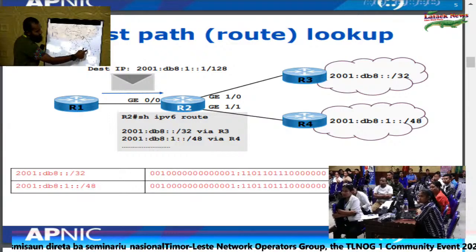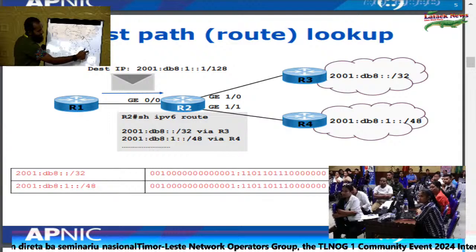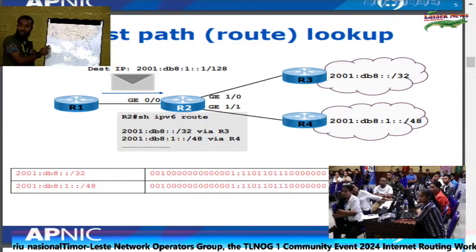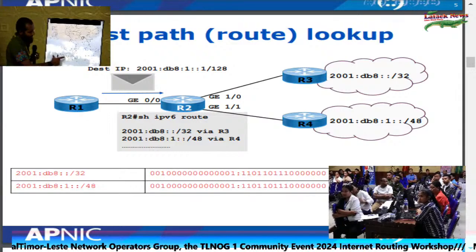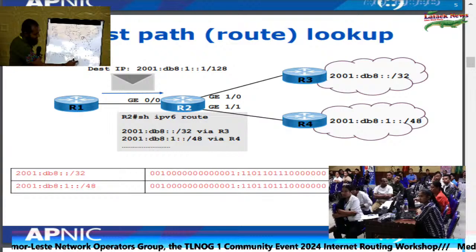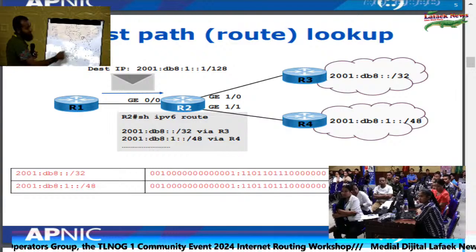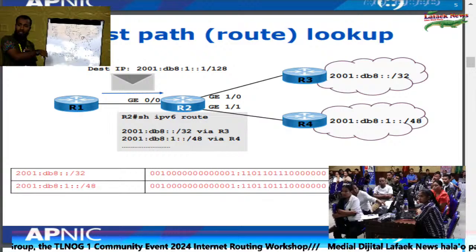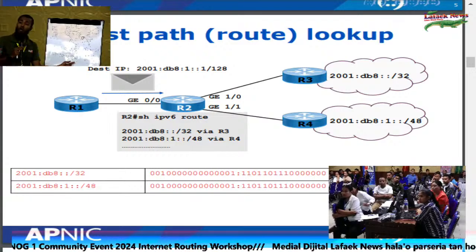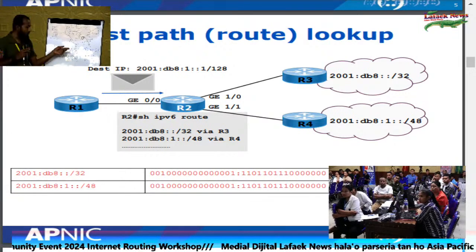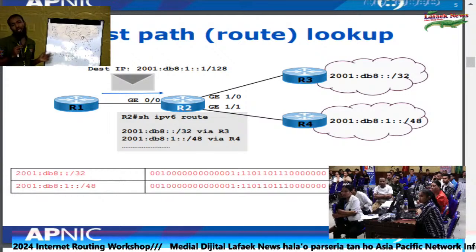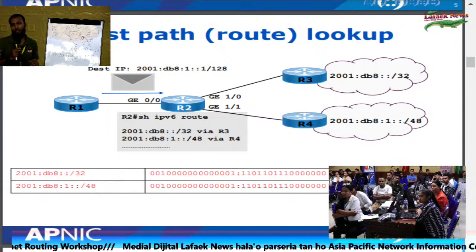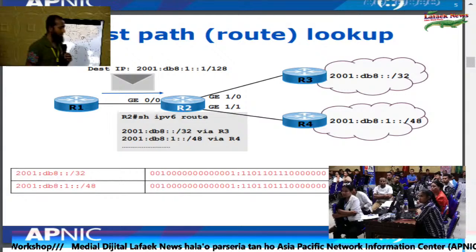This first 8 bits is a match with this one. That means it's a valid candidate. This one has 16. It will try to match this 16 with this 16. It's a match. This one is also a valid candidate. Because that has a longer match, out of the 2, this one will be selected as the best path. So that is how the longest match works.